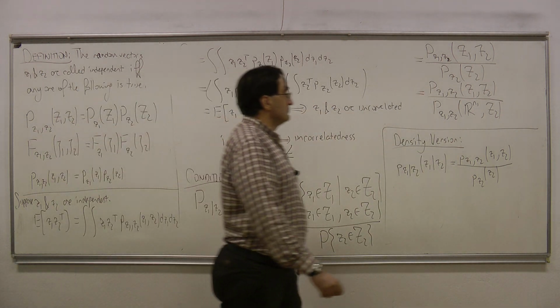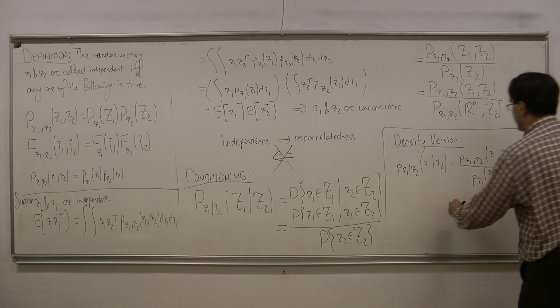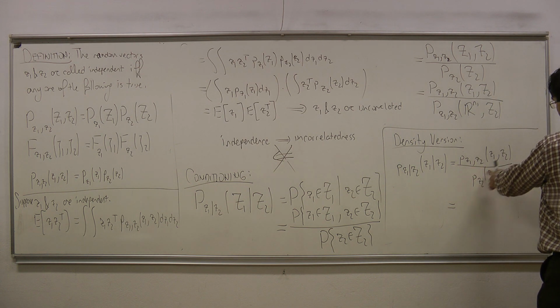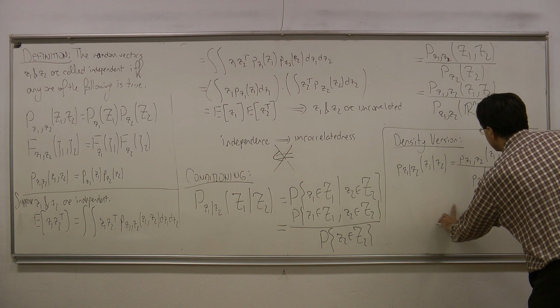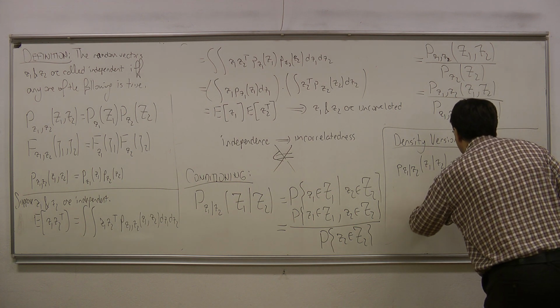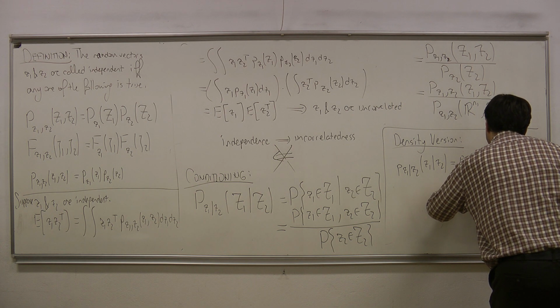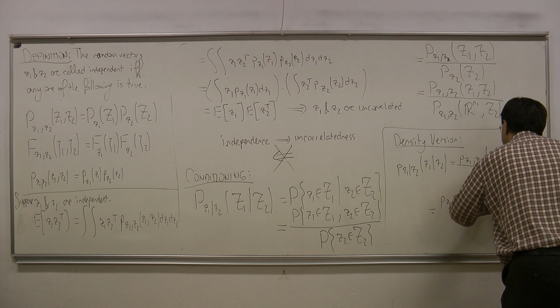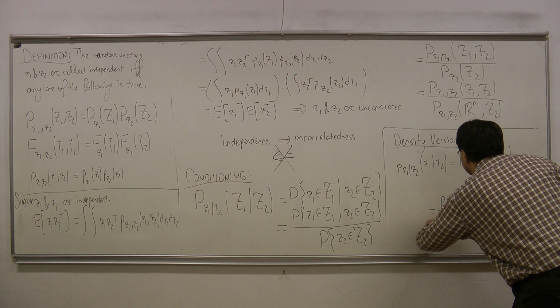And I know that this marginal density here is nothing but the integral of the joint distribution over Z1. Okay? So I can actually write this formula as follows. P of Z1, Z2 divided by the integral of the joint distribution with respect to Z1.